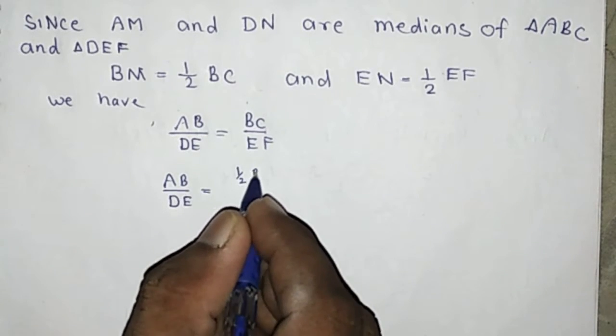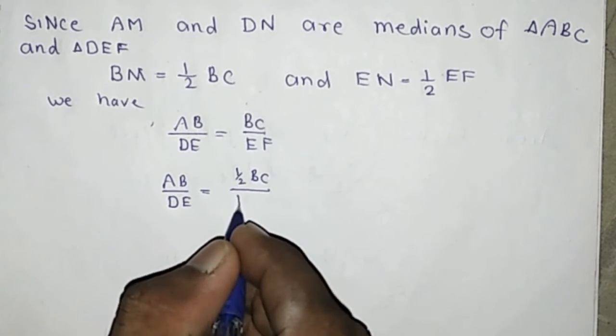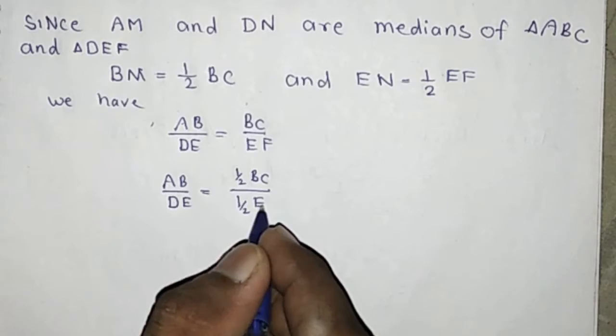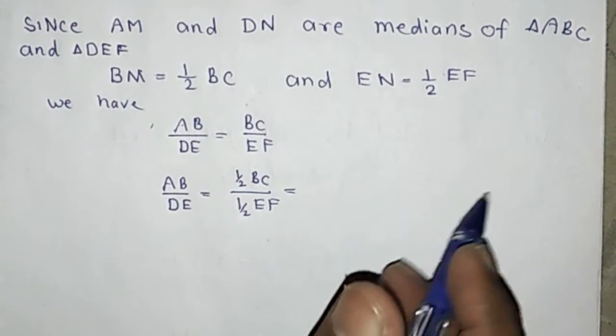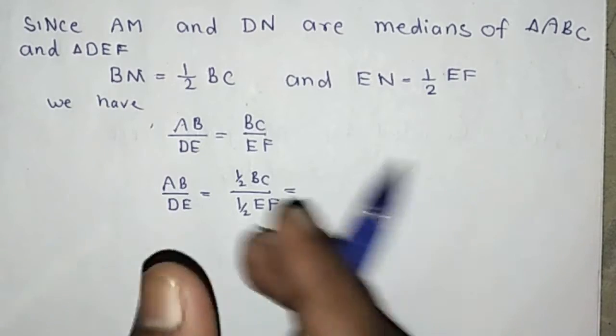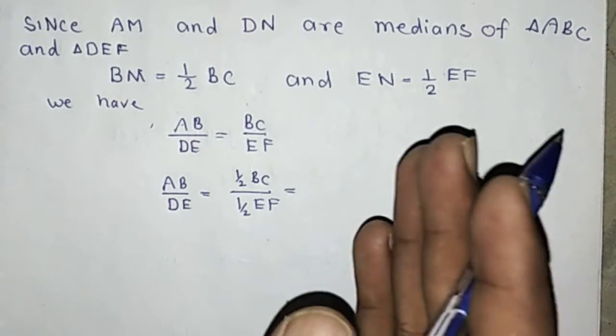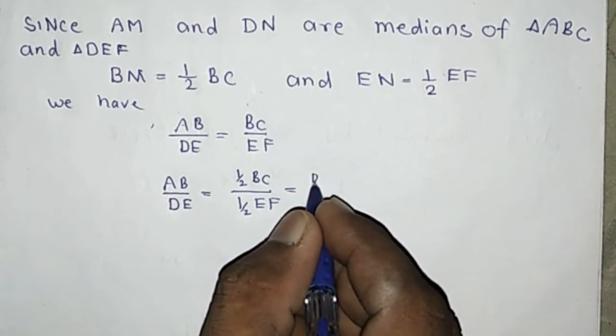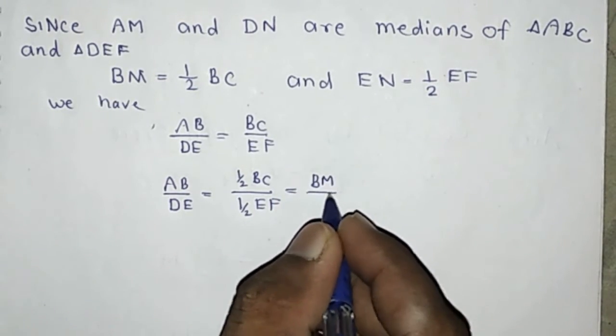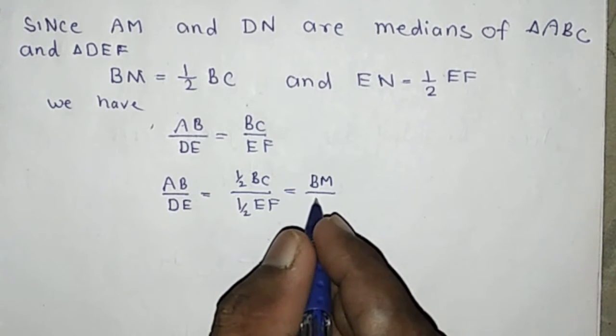We have 1 by 2 BC by 1 by 2 EF, and 1 by 2 BC means half of BC. AM is a median, so it divides BC into two equal parts, BM and MC. Then half BC can be written as BM, and similarly half EF can be written as EN.